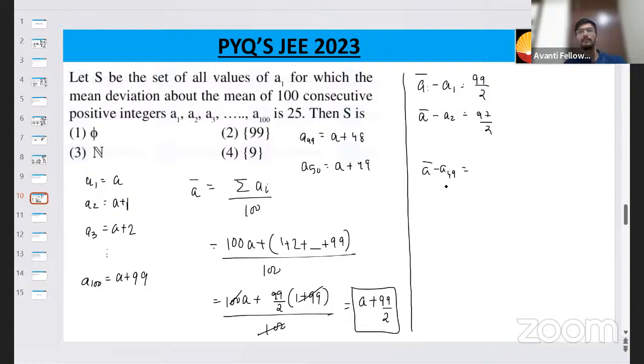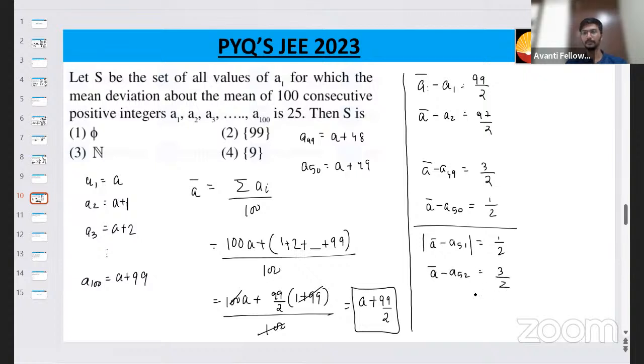So A bar minus a49 is 99 by 2 minus 96 by 2, 3 by 2. A bar minus a50 will be 1 by 2. And now after this, if we calculate A bar minus a51 it will be minus 1 by 2, but we need the modulus. That will be 1 by 2. A bar minus a52 will be 3 by 2. Similarly, A bar minus a100 will be 99 by 2 again. This is the same thing.